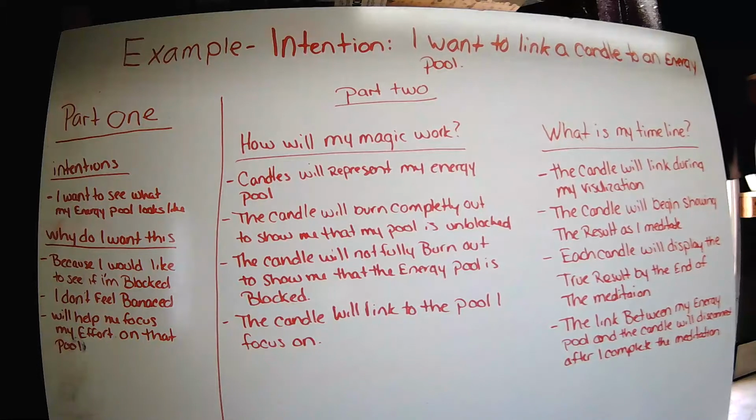The next question I am asking is, am I manifesting something for myself? If so, how long do I want the results to last? Now, instead of asking yourself how long you want to wait to get it, which we already covered, this is how long do you want the results to last? So say you are manifesting money.